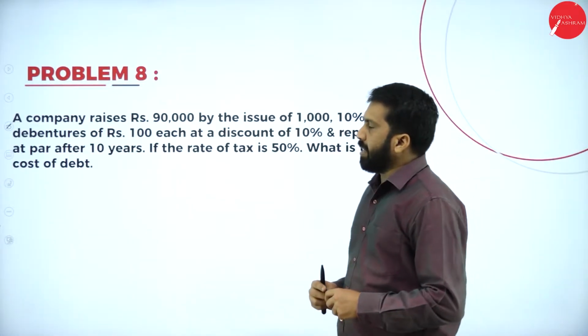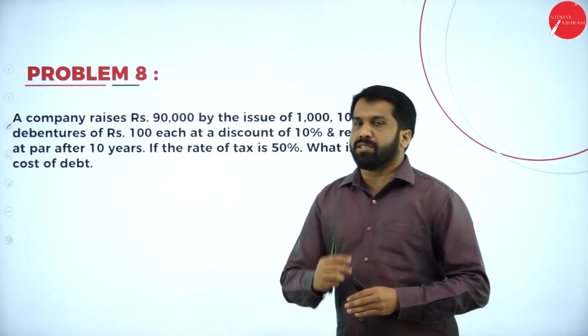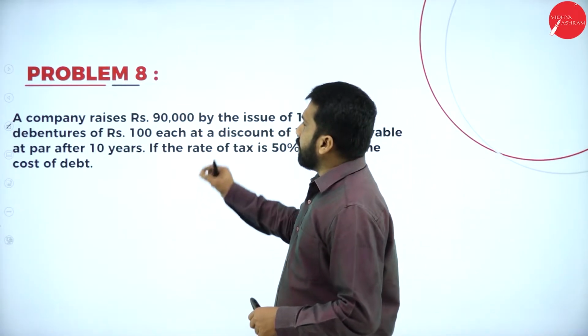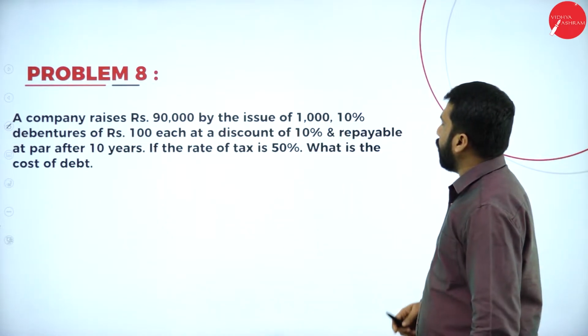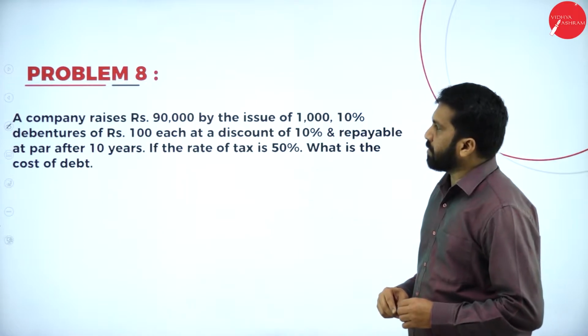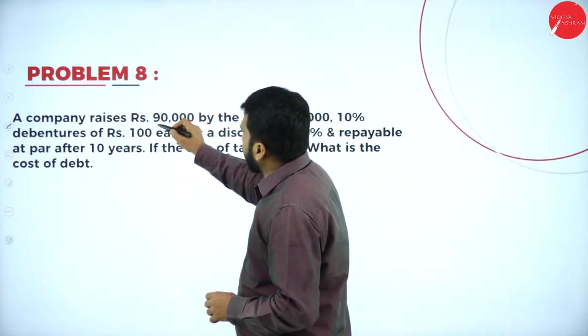Problem number 8. Almost we have done, I think, problem 8. It must be 9. Let it be. So the 8th problem. The company raises rupees 90,000 by issue of 1,000 10% debentures of rupees 100 each.